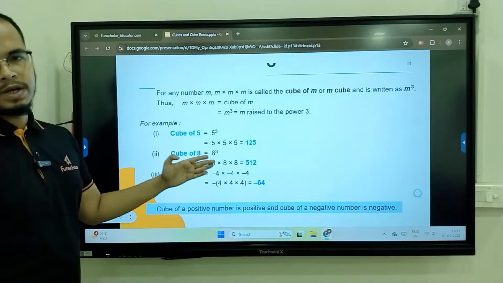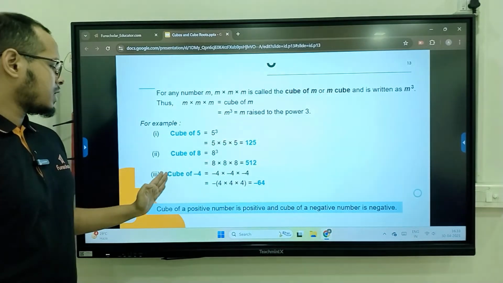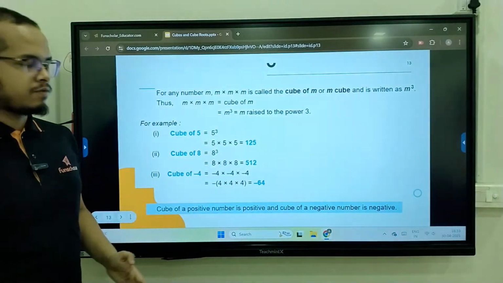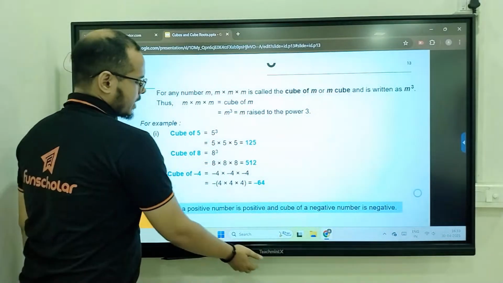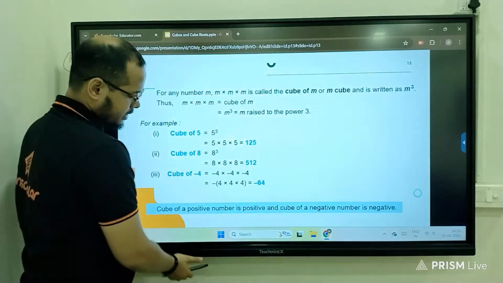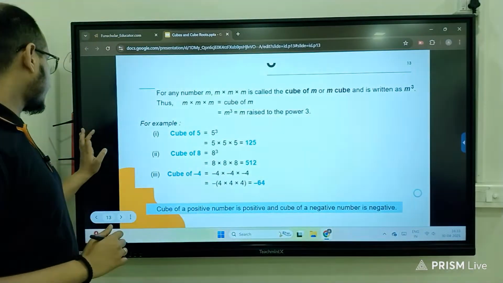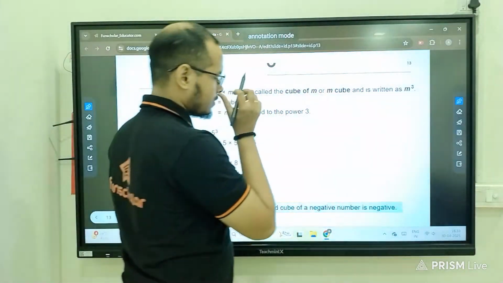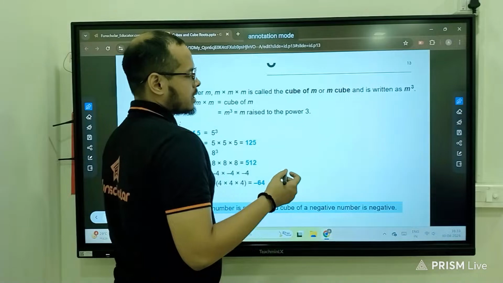Cube of 8 is 8 into 8 into 8, which is 512. Cube of minus 4 is minus 4 into minus 4 into minus 4, which is minus 64. In case of squares, we have understood that there cannot be negative squares, but in case of cubes, there can be negative cubes.